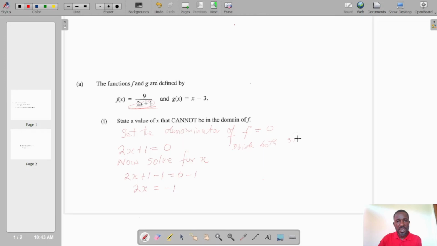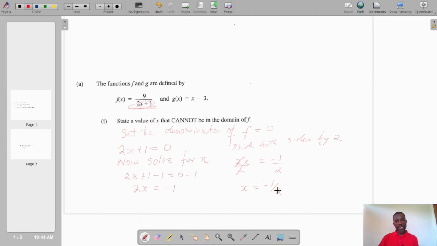By dividing both sides by 2, we have 2x divided by 2 is equal to negative 1 divided by 2. 2 divided by 2 is 1, so we are left with x on this side. This 2 will cancel that 2, so x is equal to negative half. So what are we saying here? We are saying that if we substitute x with negative half, it is going to make the denominator become 0.